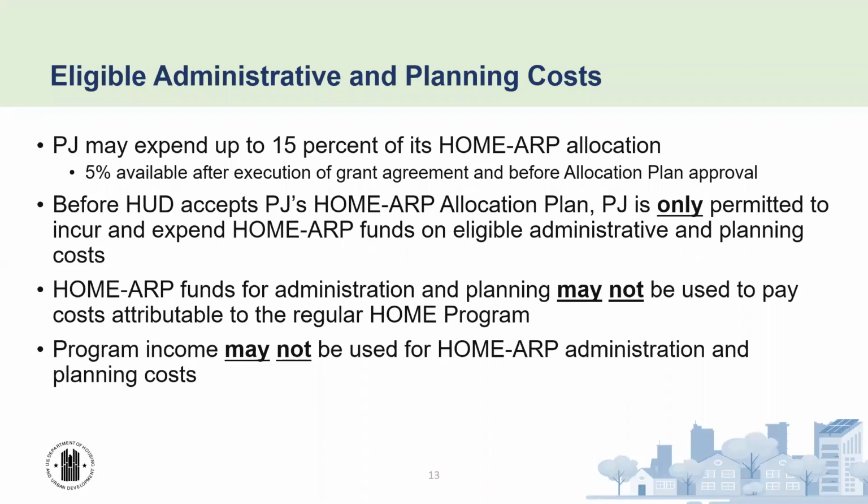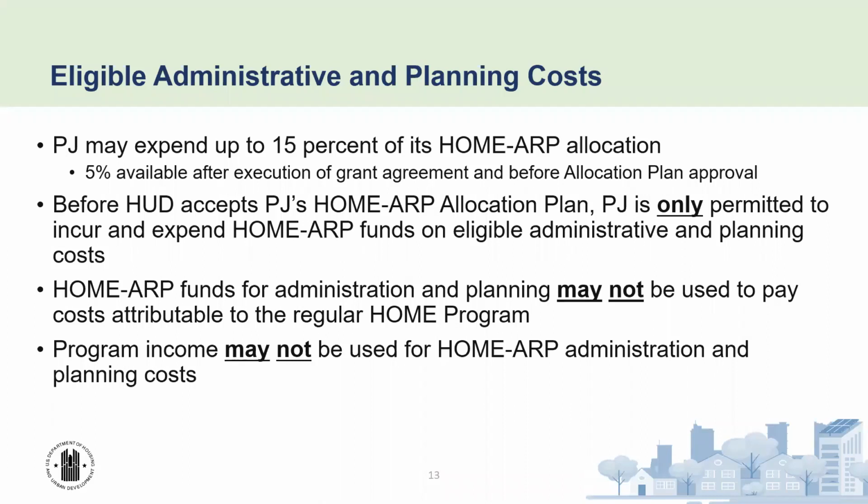HUD obligated the HOME-ARP funds on September 20th, 2021, and PJs are now allowed to incur and expend up to 5% of its admin as described in the notice, as well as at 24 CFR 92.207.